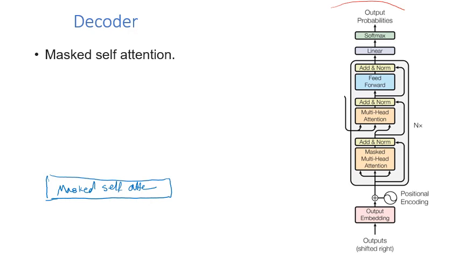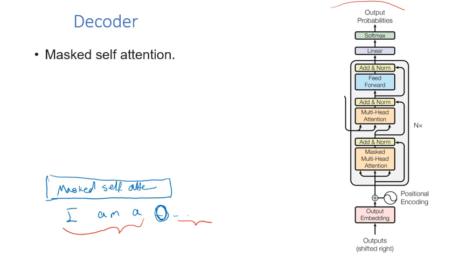When you are generating text, say I am a, and I want to generate this new word, I don't need to attend to words which come after this. I just need to attend to the words which come before this, to the left, not to the right.